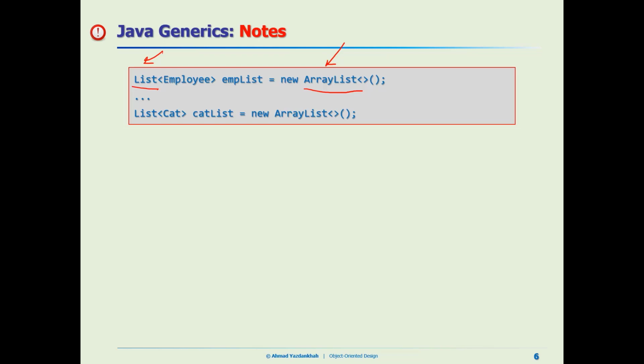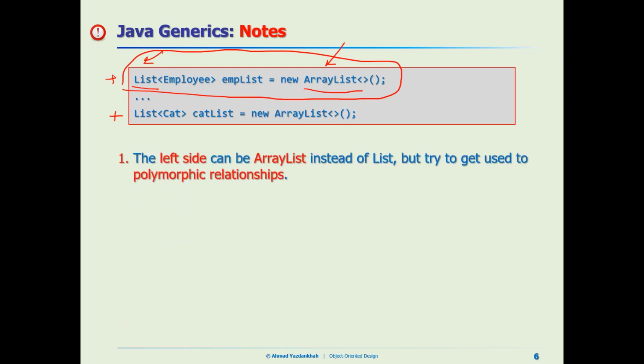So we usually use this polymorphic relationship, even though we can put ArrayList on the left side here. But let's get used to this polymorphic relationship. It's a more professional way of declaring and instantiating this kind of classes.